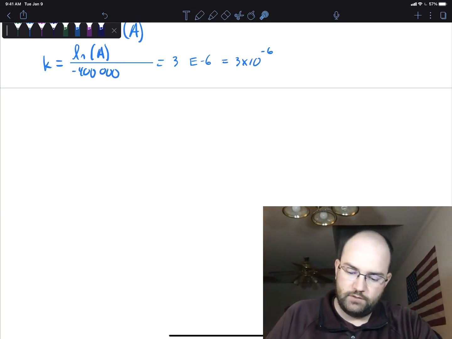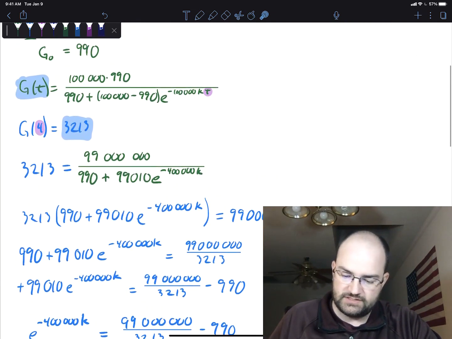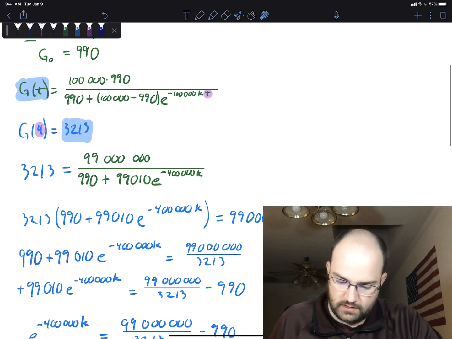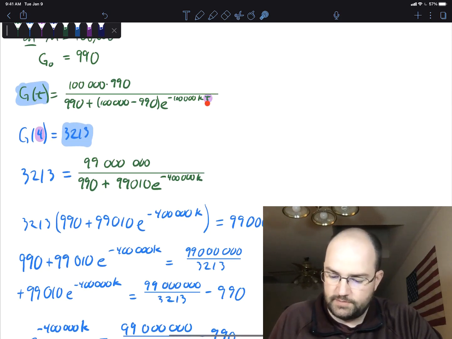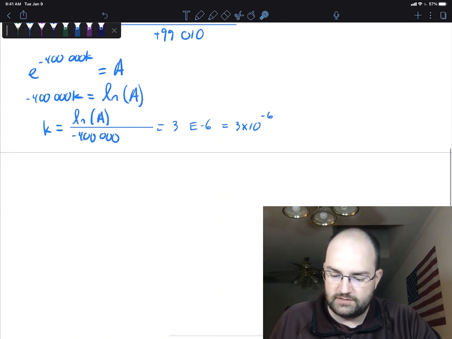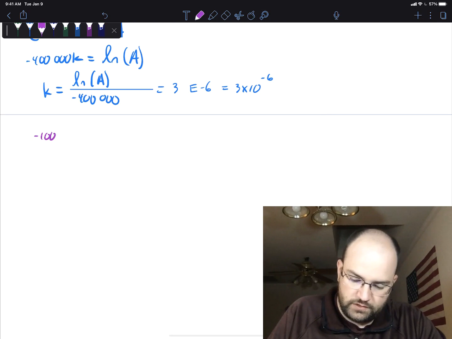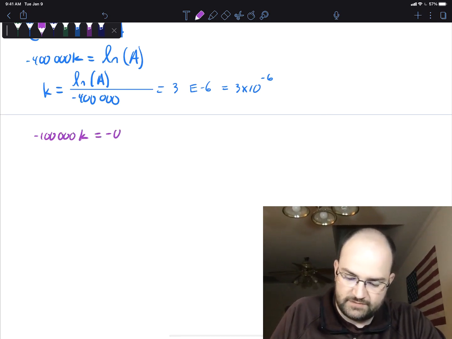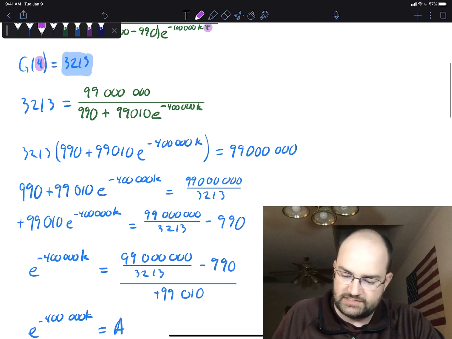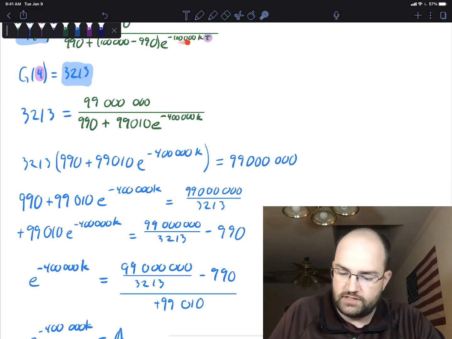Now, if we look up here at the function itself, g of t is right here. That means that I had to multiply that by negative 100,000, the k times the negative 100,000. So that tells me that the negative 100,000 k was going to give me negative 0.3. And that's what I would replace the entire negative 100,000 k with.